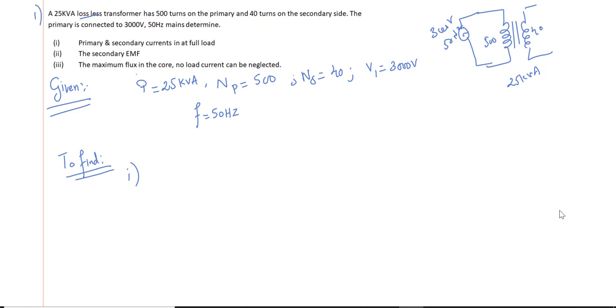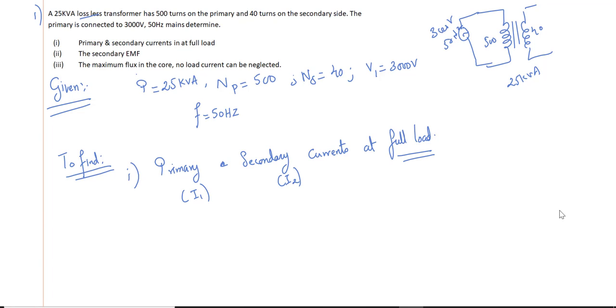The first component is primary and secondary current at full load. That is an important thing, the full load condition. The primary current will be considered as I1, and the secondary current as I2.